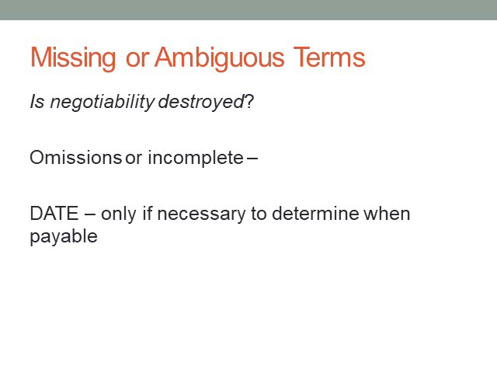So omissions or being incomplete. If there's an omission of a date, it does not necessarily destroy the negotiability unless the date is necessary to determine when it's payable. So a check that is not dated, it's still negotiable because why?